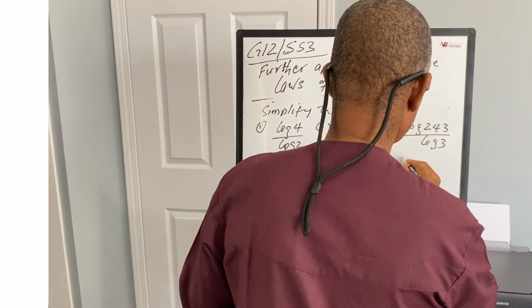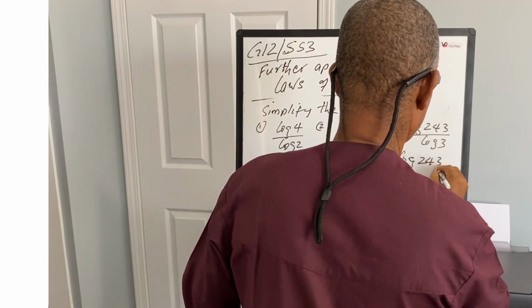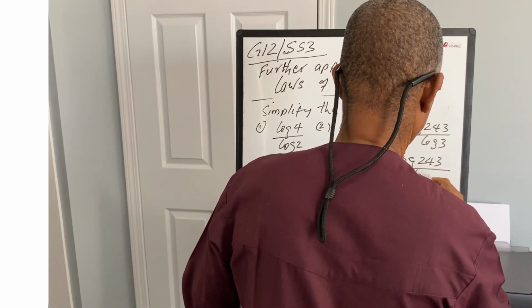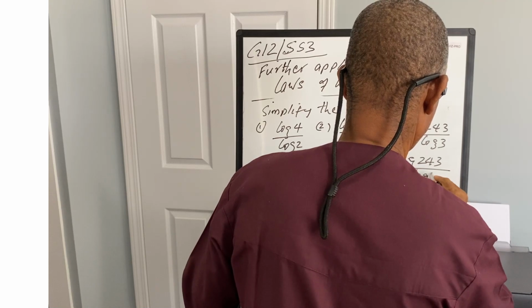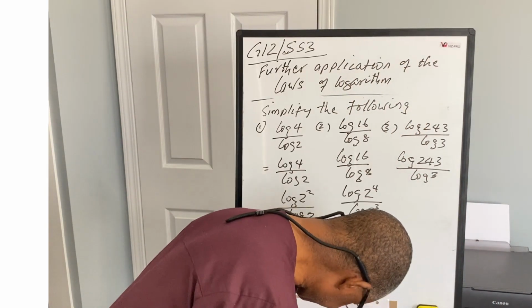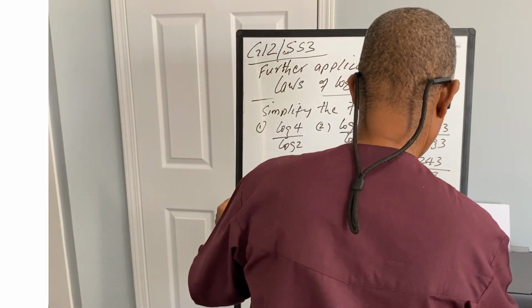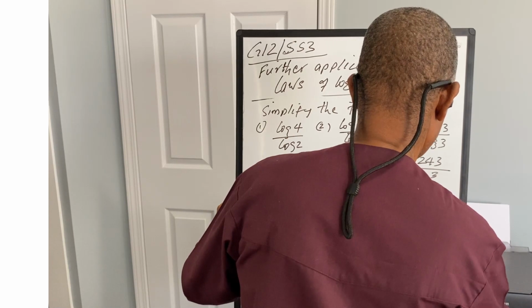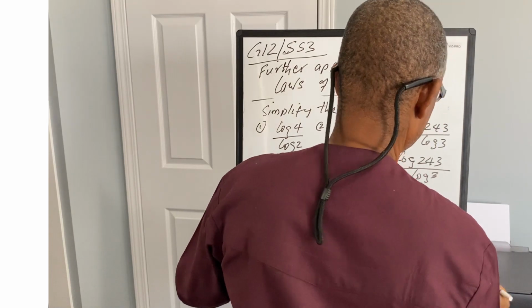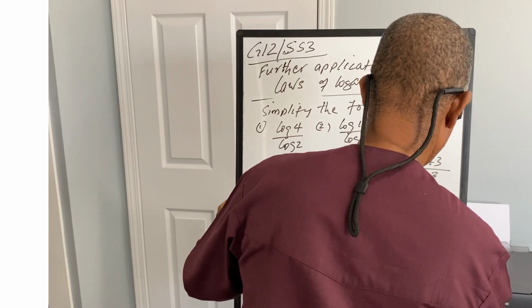And the next one is log 243 over log 3. So this will give us log 3 raised to power 5 over log 3.